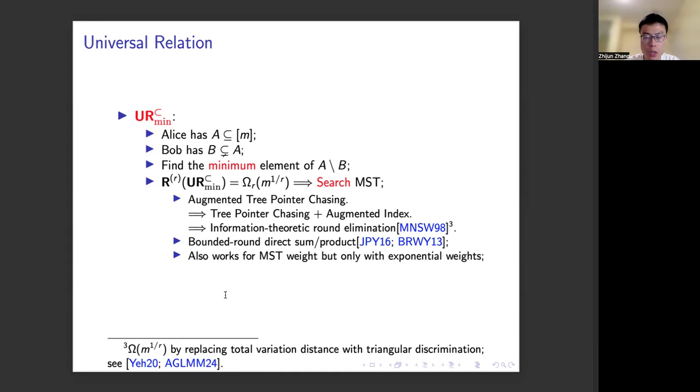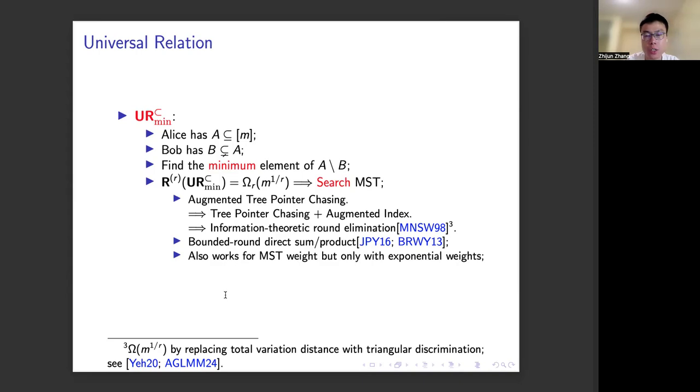We actually do this by a reduction to another computation problem we call augmented tree pointer chasing, which is roughly the standard tree pointer chasing problem, augmented in a way that is quite similar to the augmentation we do to the index problem. There are some subtleties in the definition, but I won't go into the details here.